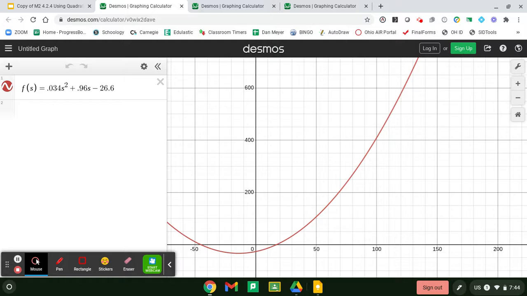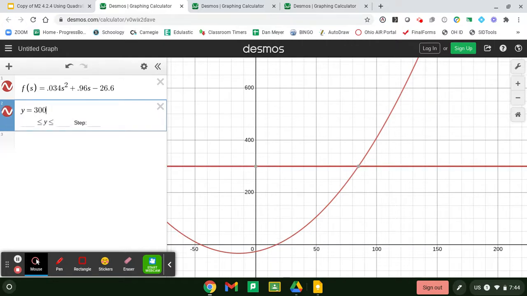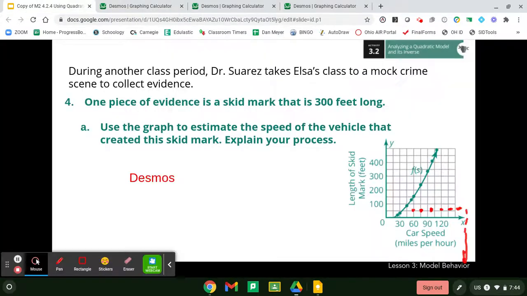Now, if we're trying to find a skid mark of 300, I can scroll like this, or I could say, when is y 300? And now all I have to do is find the intersection. So it's approximately 85 miles per hour. So good guess if you got that right.